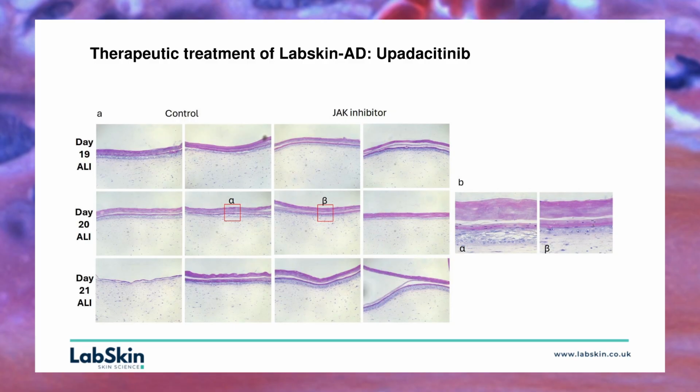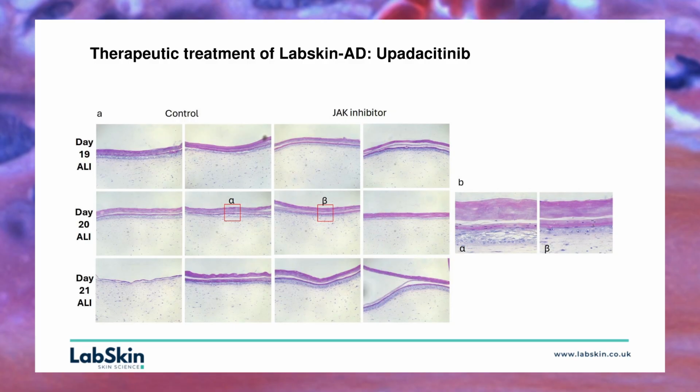So we wanted to dig a bit deeper into these protein changes and pathways and the alterations. And we've previously been working with the proteomics team at Leicester University, looking at our standard Labskin models with and without treatments.